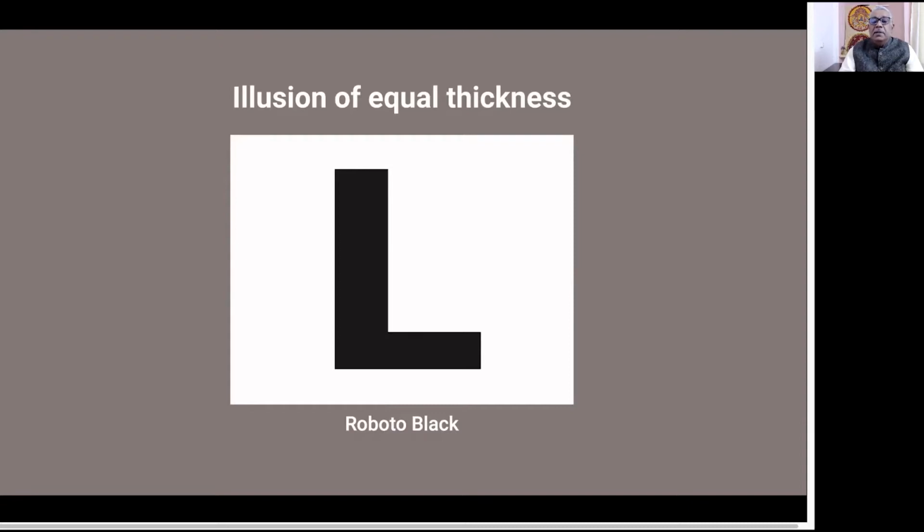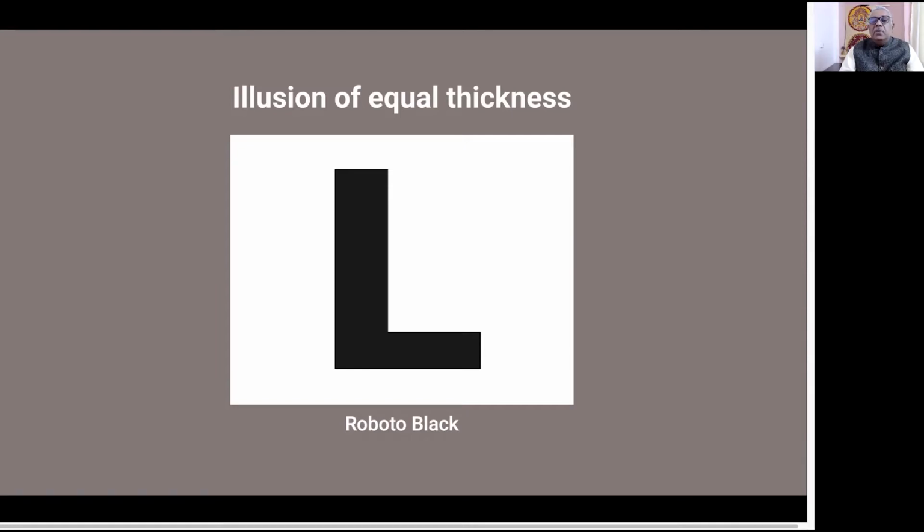There are 100 different ways of correcting the optical illusions in font design. I'm just sharing a few to start the background information for the main focus on calligraphy. I've taken Roboto Black as an example for showing the illusions.